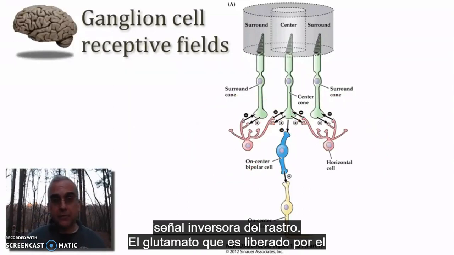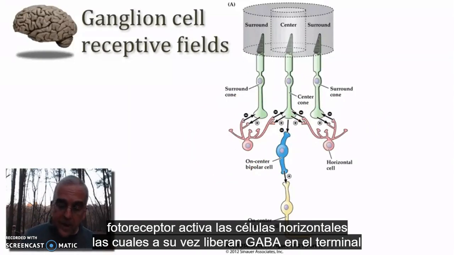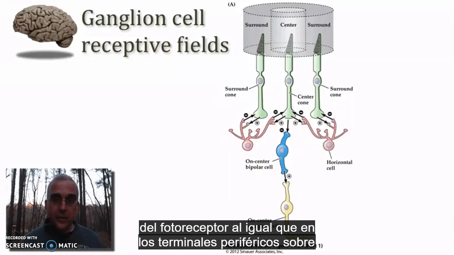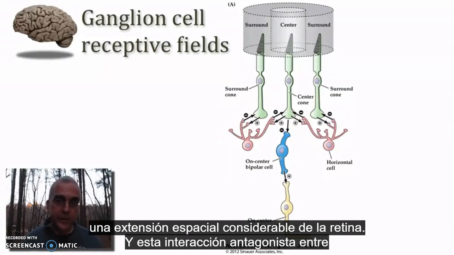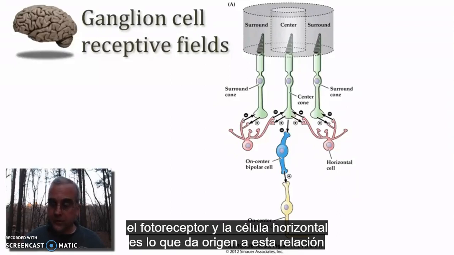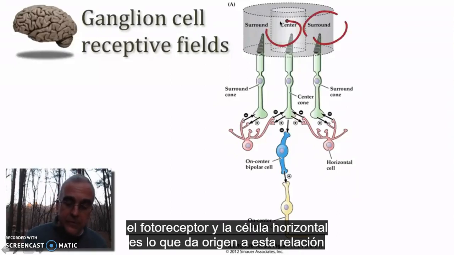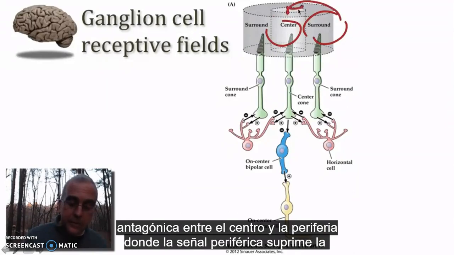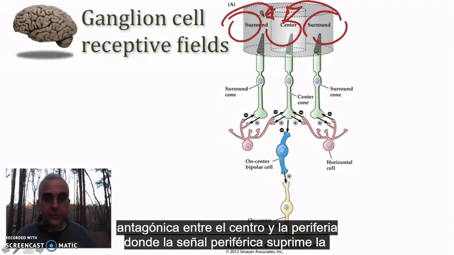The glutamate that's released by the photoreceptor activates horizontal cells, which in turn release GABA on the terminal of the photoreceptor as well as surrounding terminals over some considerable spatial extent of the retina. And this antagonistic interaction between the photoreceptor and the horizontal cell is what gives rise to this antagonistic relationship between center and surround, with the surround signal suppressing the center signal.